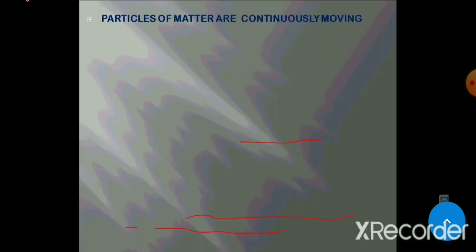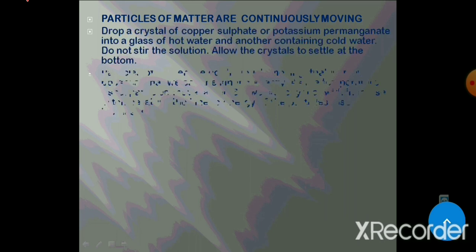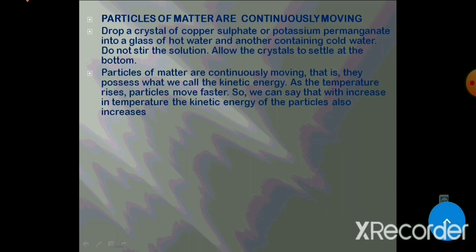Next we learnt that particles of matter are continuously moving. We can drop a crystal of copper sulfate or potassium permanganate and we can see how gradually the particles of copper sulfate will get mixed with the particles of the water, although we will not stir the solution. From this we can say that particles of matter are continuously moving.